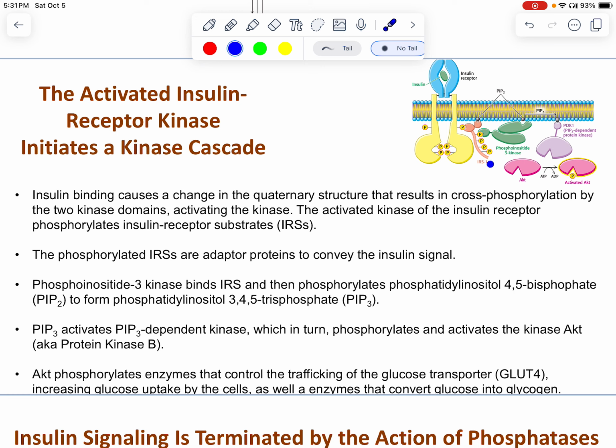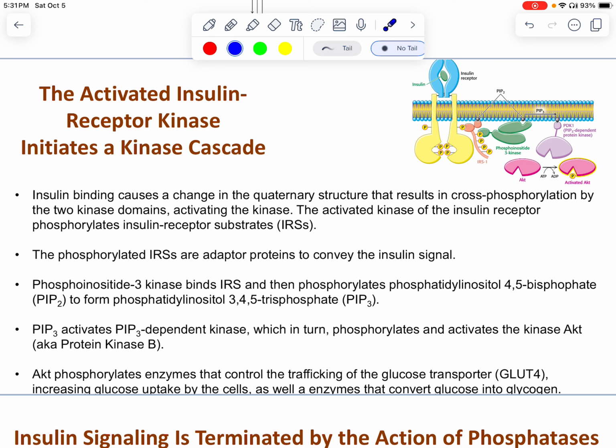These phosphorylated IRSs are adapter proteins. They essentially convey the insulin signal on down the line. So now this molecule will bind and then convert this PIP2 to the PIP3.